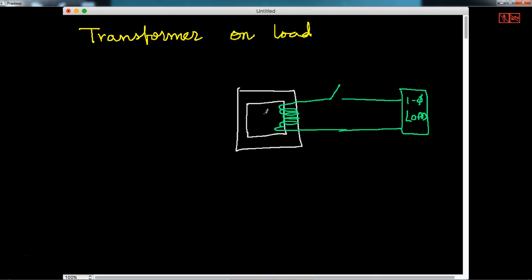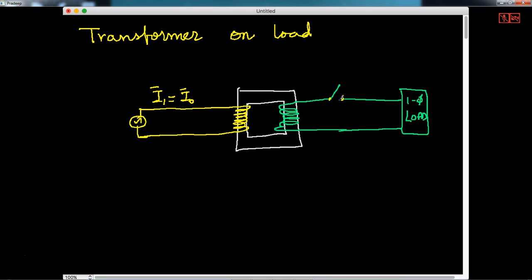So here on the primary side, I have primary winding. So this is the supply. So initially, when the switch is open, what is I1? I1 is nothing but I0. So the switch is open, so the current is nothing but the core loss of the transformer.